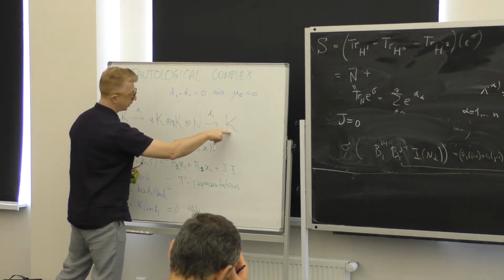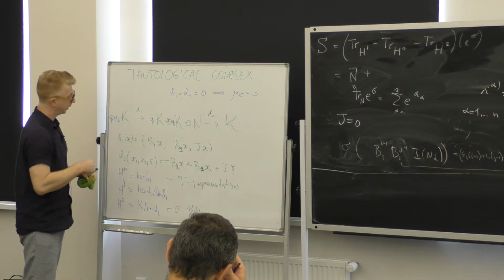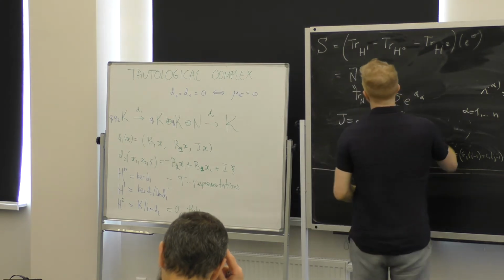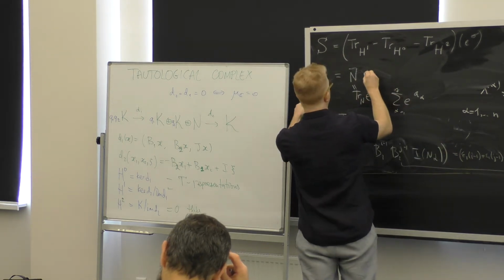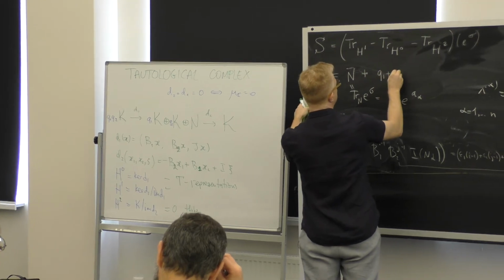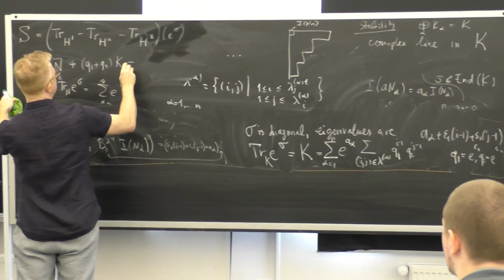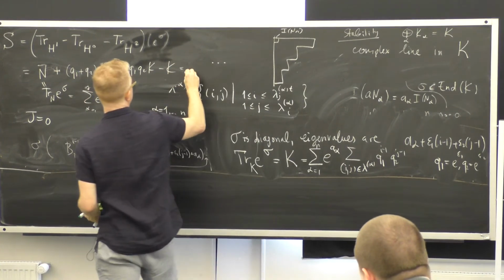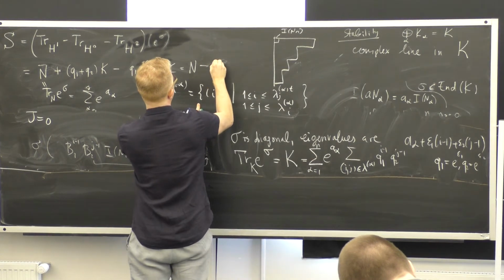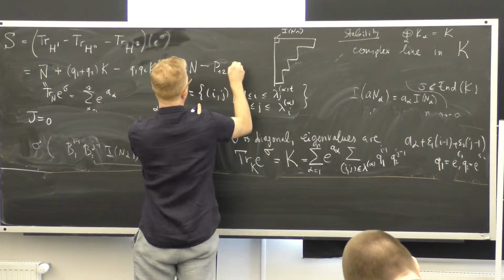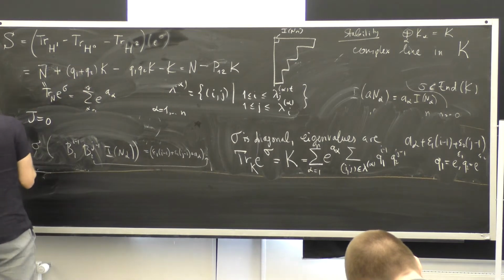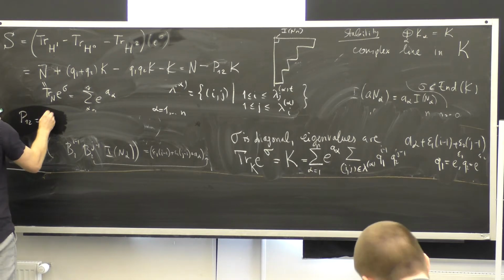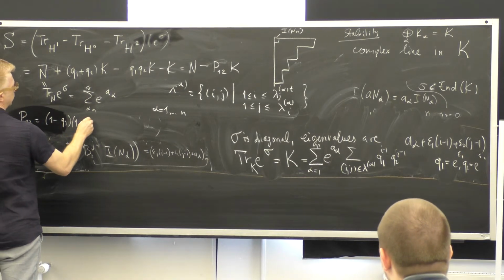And then further down here, we'll get K without any additional twist. So with these remarks, we'll get Q1 plus Q2 times K minus Q1 Q2 K minus K, which can be simplified to n minus P12 K, where P is a notation which I'm going to use over and over. So P12 is 1 minus Q1, 1 minus Q2.